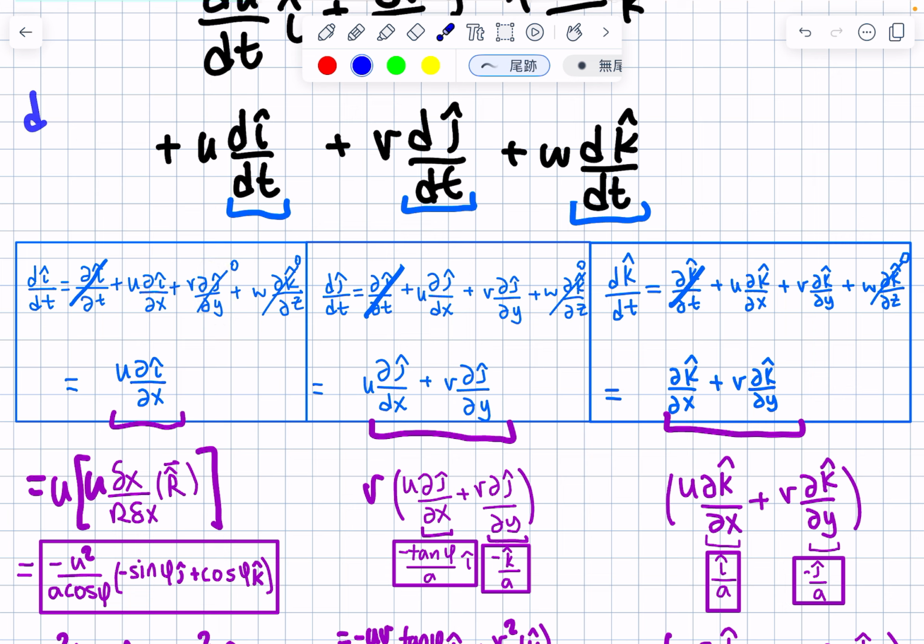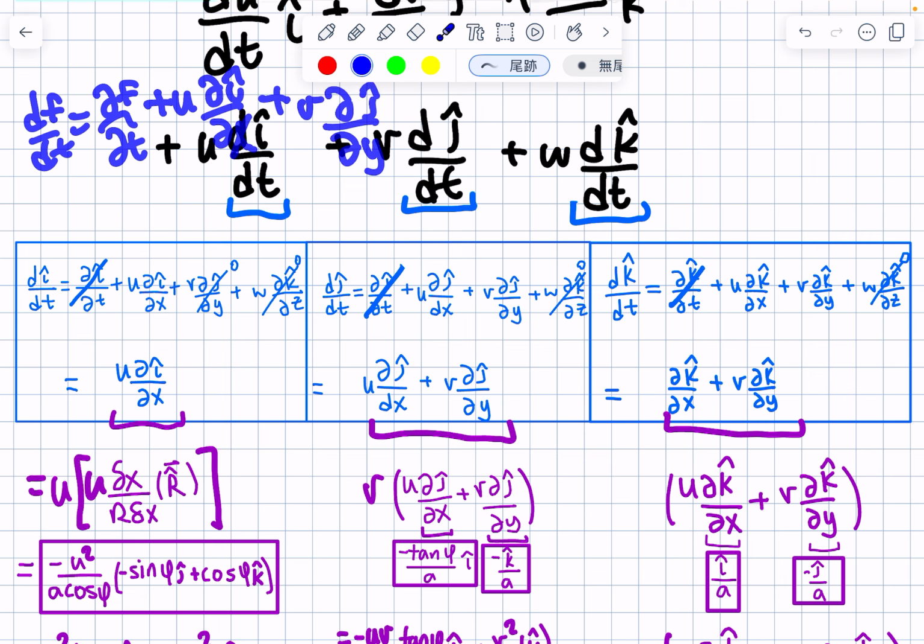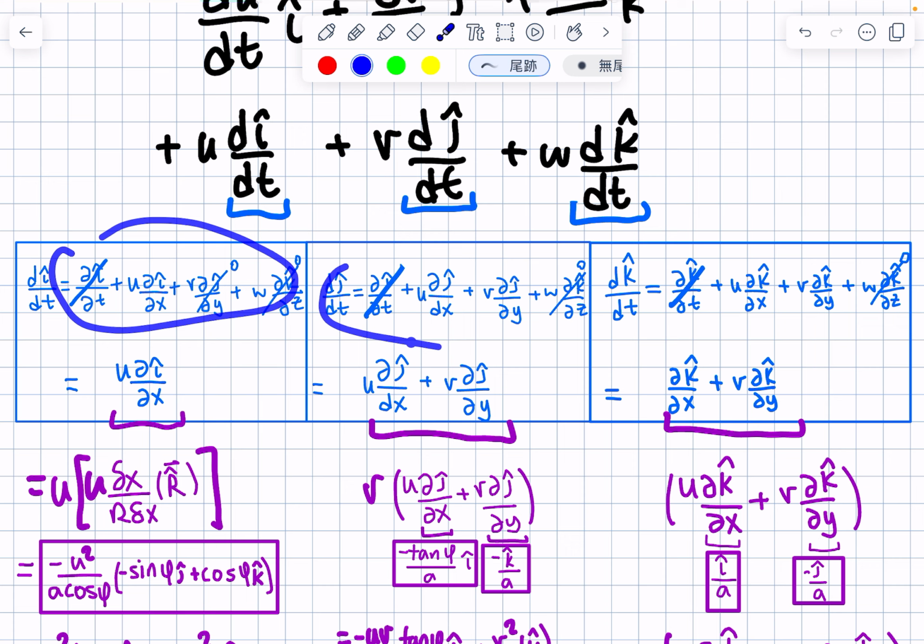If you remember, df dt is equal to partial f partial t plus u partial f partial x plus v partial f partial y plus w partial f partial z. So that's what we did here, here, and here.